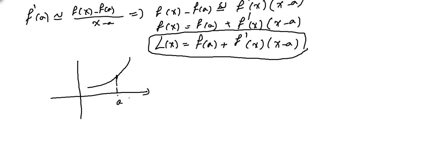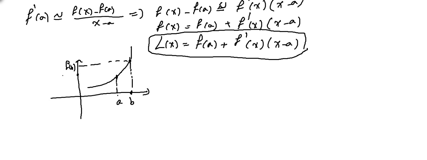if the abscissa is a, and we go more near to a, like if we have here b, this will be b, and this will be f of b on the y-axis.